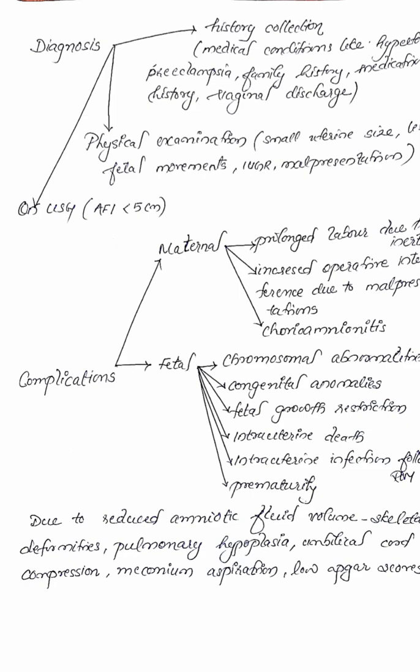Then intrauterine infections, which we have already said, following the rupture of membranes, and prematurity. Due to reduced amniotic fluid volume, there is also a chance of skeletal deformities, pulmonary hypoplasia, umbilical cord compression, meconium aspiration, and low Apgar scores.